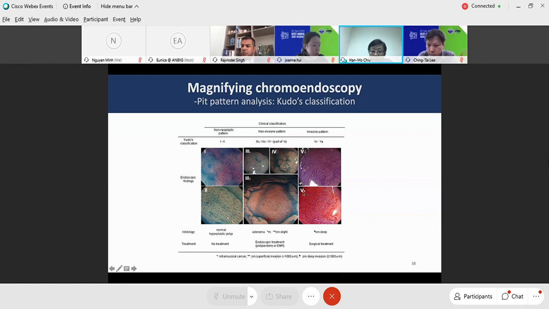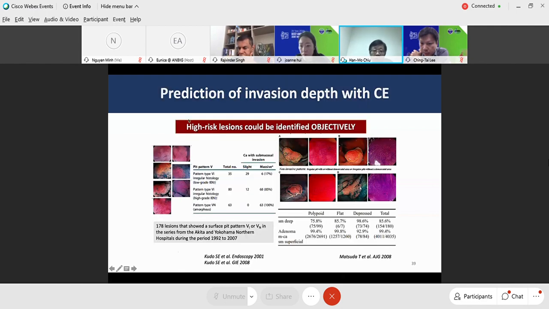And type 5N, this N referring to non-structure, represents the deep invasion, whereas type 5I, referring to irregular, is a superficial cancer. So it is possible to predict the invasion using chromoendoscopy. In Kudo type 5I, they further stratify into high irregularity and low irregularity, and thereby discriminate those lesions that could be treated with endoscopy.